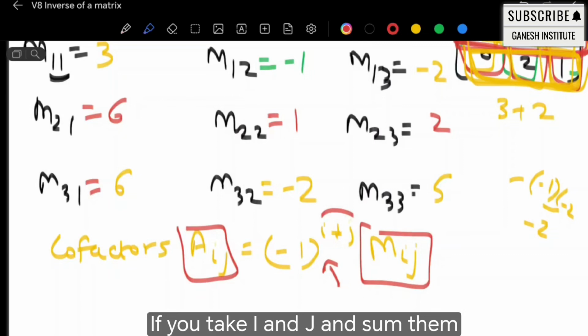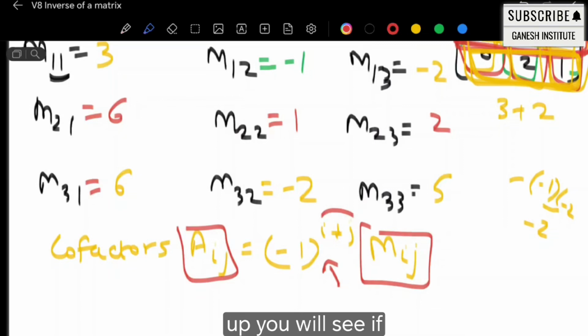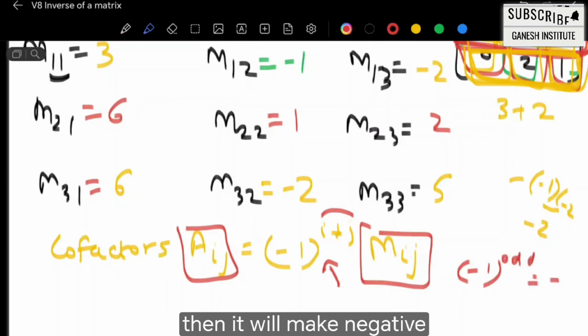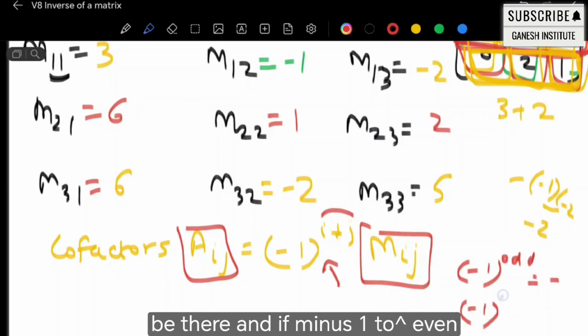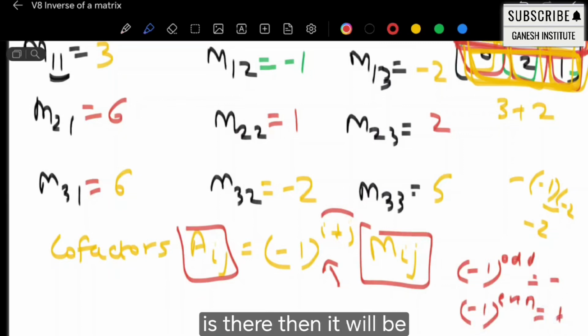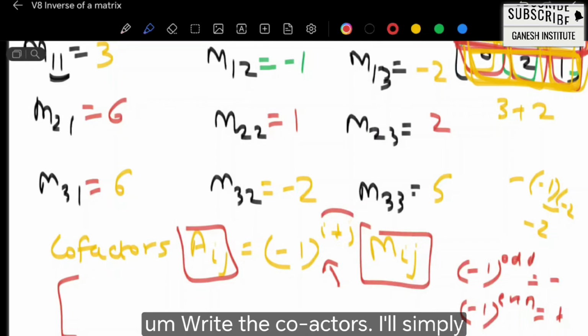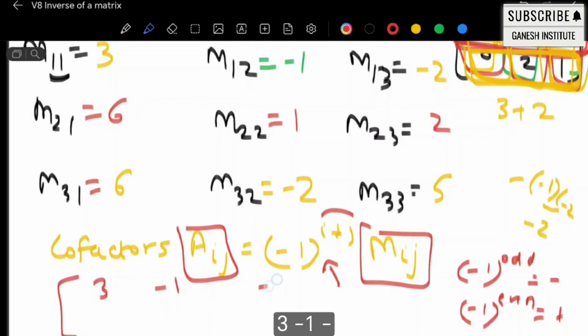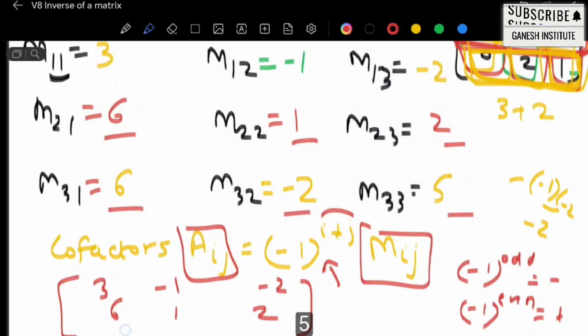If you take i and j and sum them up, if minus 1 raised to the power is odd, then it will make the cofactor negative. Minus sign will be there, and if minus 1 raised to an even power is there, then there will be no change in sign. Correct? So if I need to write the cofactors, I'll simply write all the minors. 3, minus 1, minus 2. 6, 1, 2. 6, minus 2, 5.